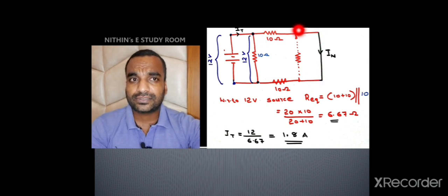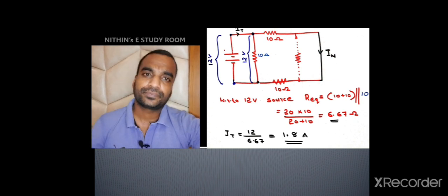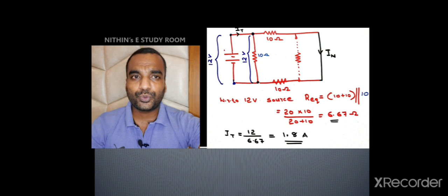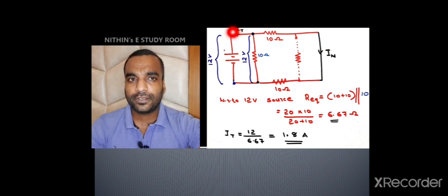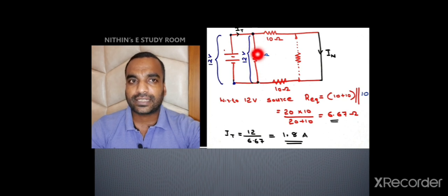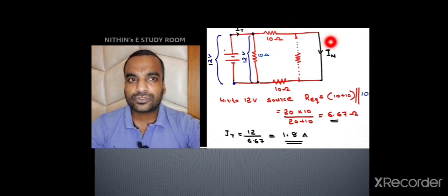So what is the resistance of this branch? Resistance of this branch is 10 plus 10, that is 20. So 12 volt is common for this source, that is also common for this 10 ohm, and that is also common for this 20 ohm branch. All these three branches are parallel.